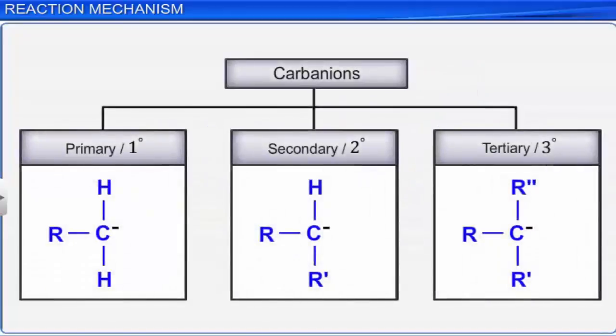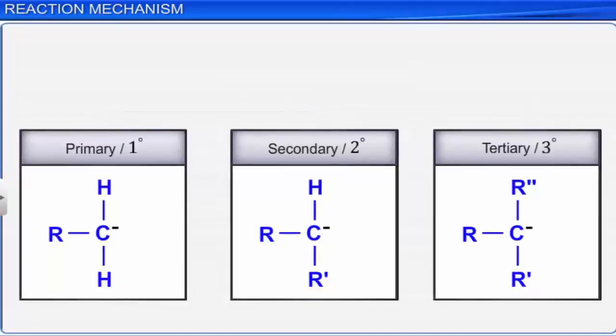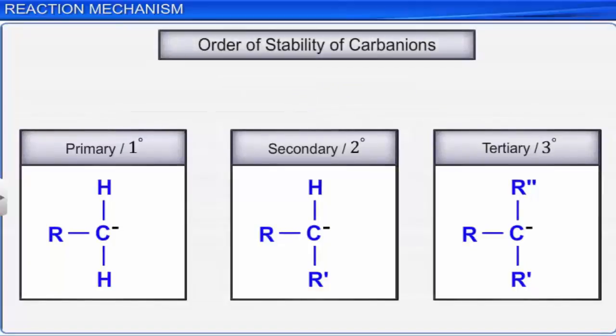Carbanions also are classified as primary, secondary, and tertiary carbanions, depending on the number of alkyl groups attached to the negatively charged carbon. Stability of the carbanions decreases with increasing number of alkyl groups bonded to the charge-bearing carbon atom.